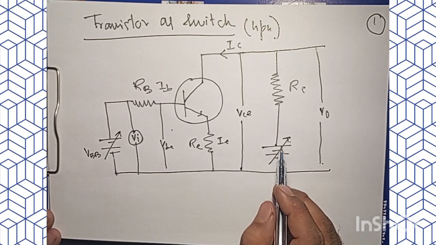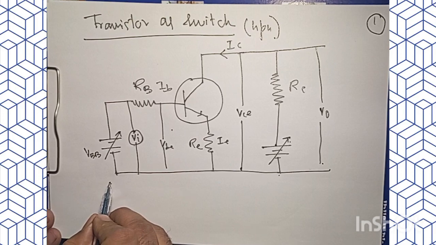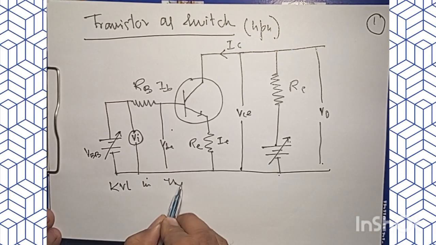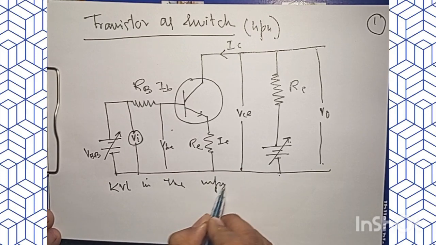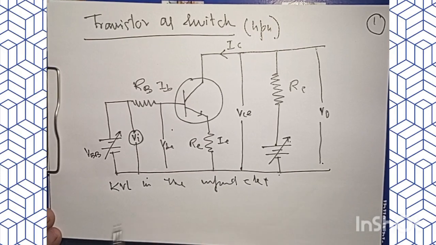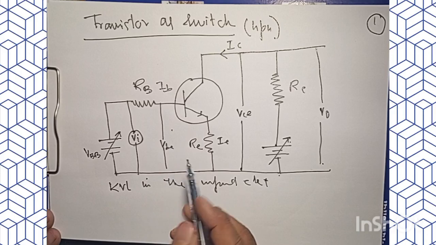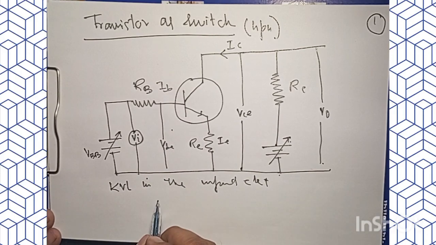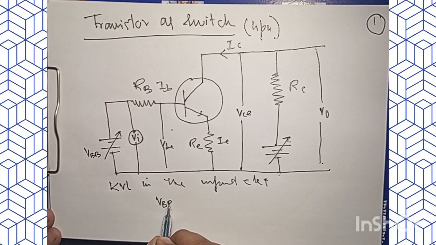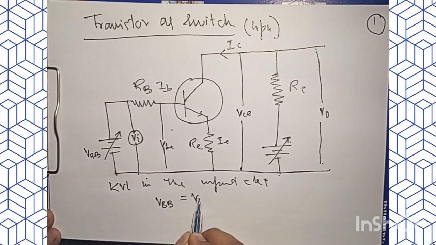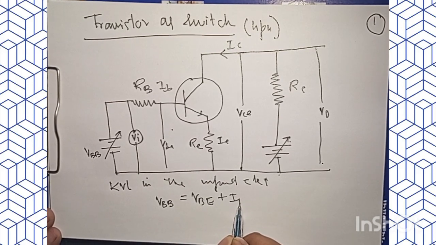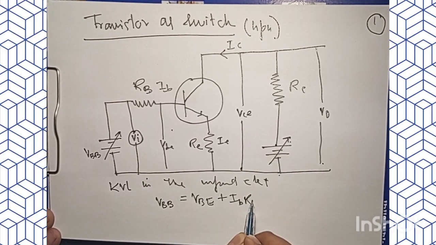So if I use KVL in the input circuit, we have VBB equal to VBE plus IBRB.